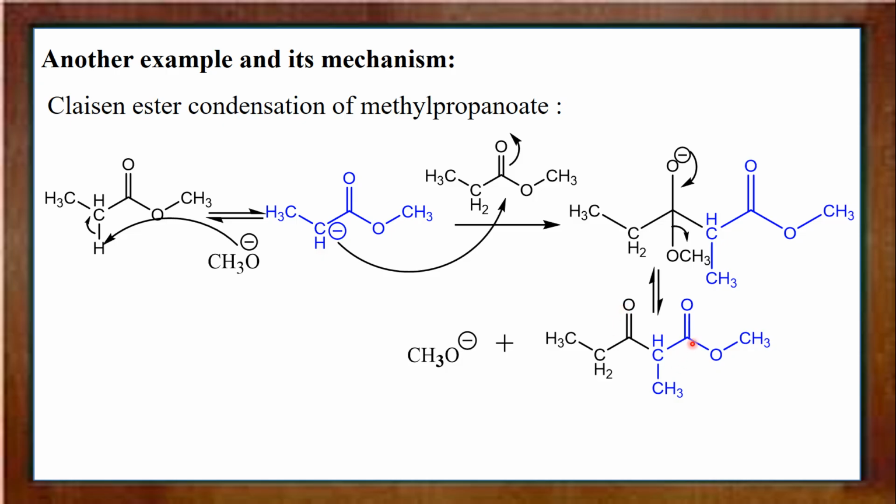Therefore, in an ester, we have replaced the alpha hydrogen by another acyl group. A new carbonyl group has joined here. So an H plus from here is removed and a carbonyl is added. So this is the Claisen condensation of methyl propanoate.